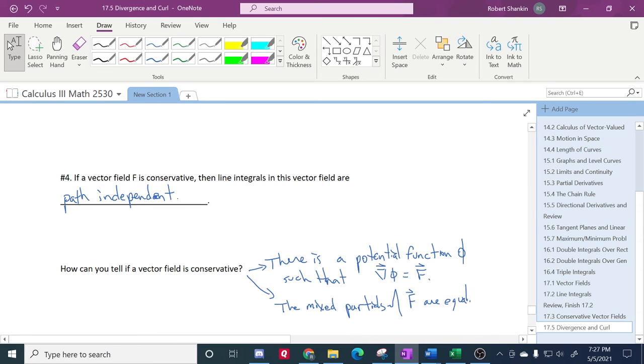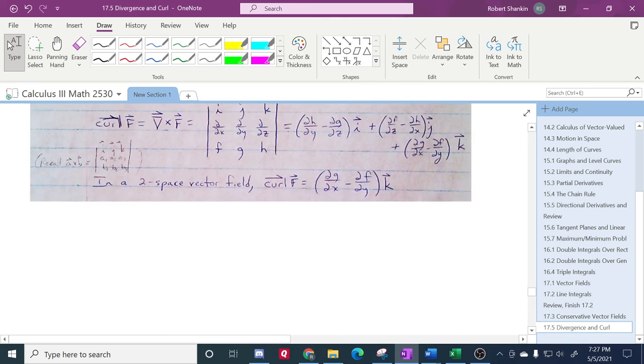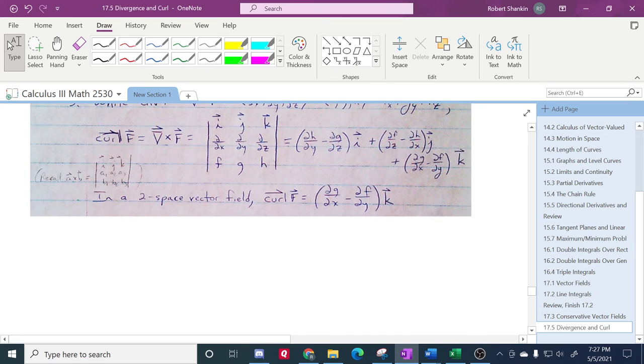Okay. Now, on the mixed partials, let's go back to a two-space vector field.